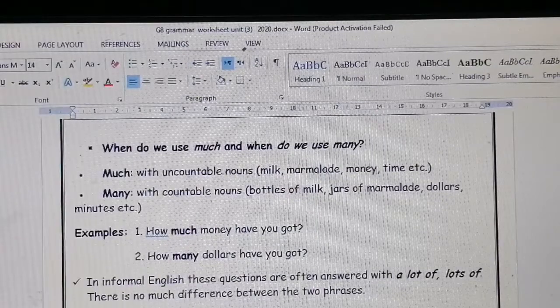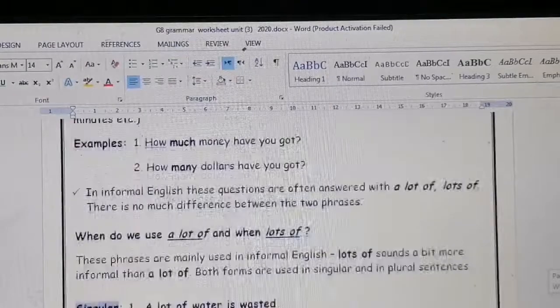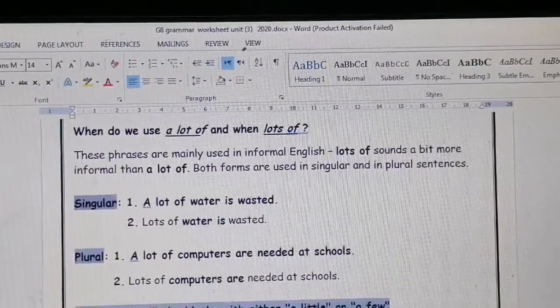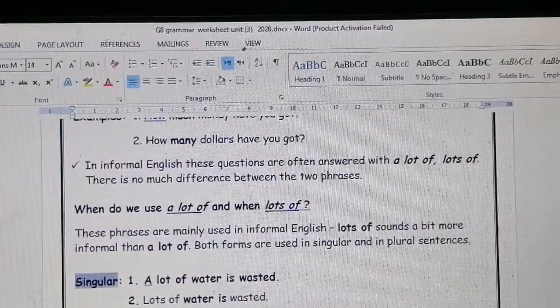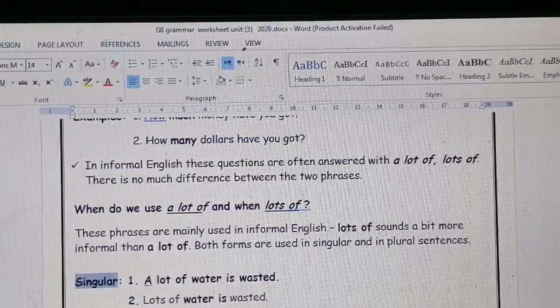Now look at this one. In informal English, these questions are often answered with a lot of or lots of. They have the same meaning.